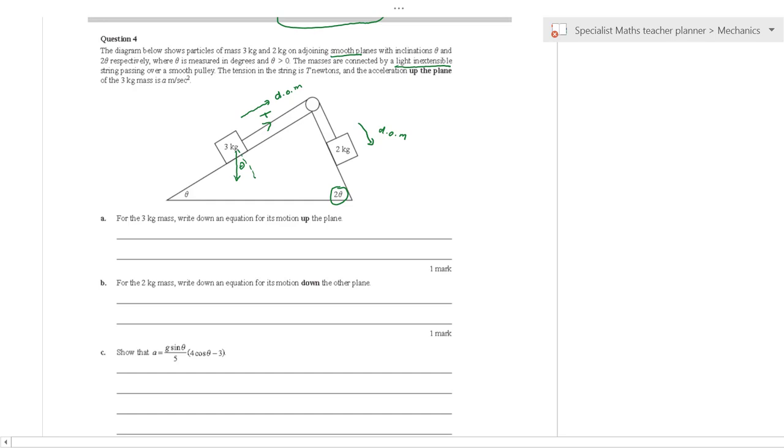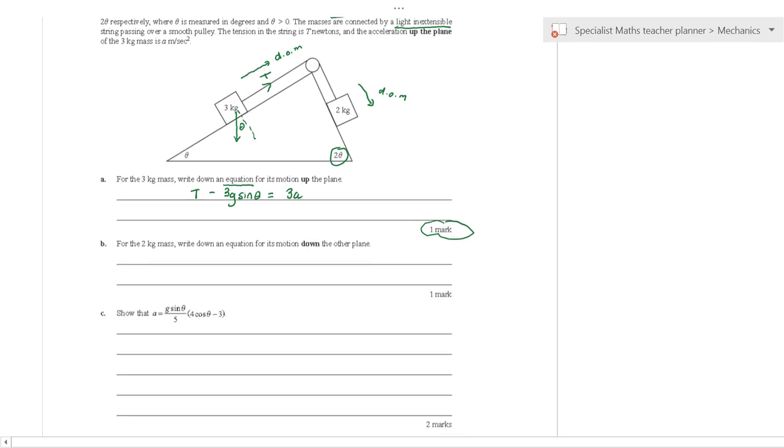So what we can say is T minus 3g sine theta. It's an equation, you can't just write that. It's T minus 3g sine theta, and there's motion, so it's Newton's second law, equal to 3a. And then you stop. One mark, stop.